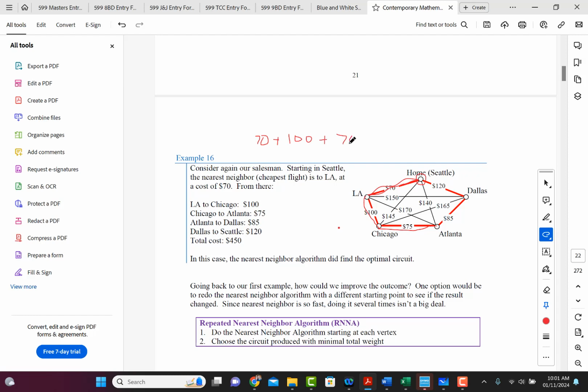Okay. And then from there, the only route we have, because again we don't want to go back home yet, is to go to Dallas, right? That's our last stop before heading back to Seattle. So that's going to be adding an 85, and then going back home is $120.